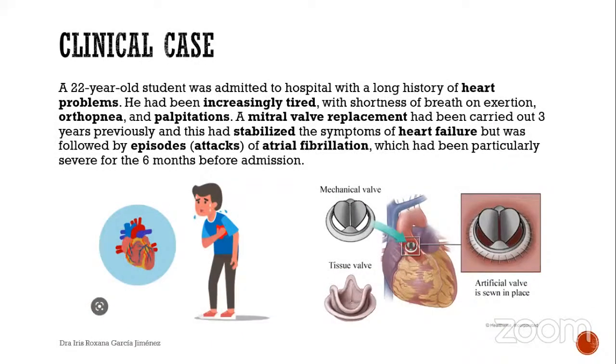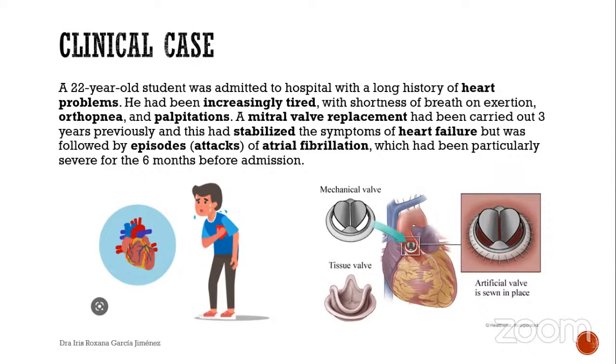This is a clinical case. This is the way we can show some extra information for practicing. And let's read this. A 22-year-old student was admitted to the hospital with a long history of heart problems. He has been increasingly tired, with shortness of breath on exertion, orthopnea, and palpitations.